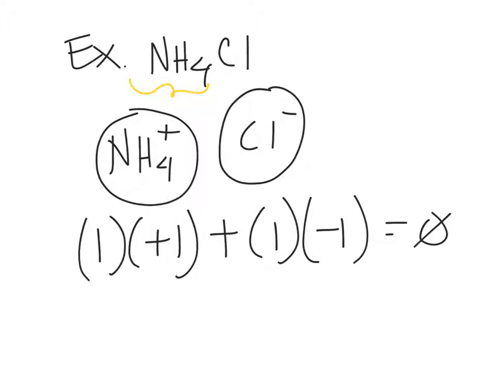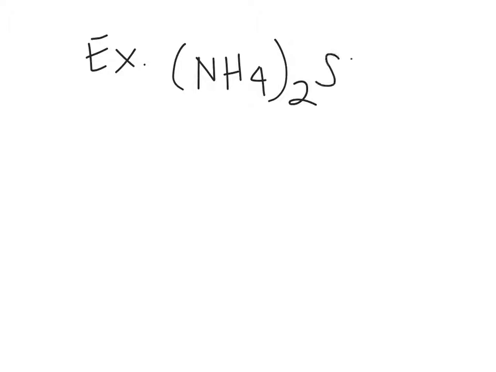Then we've got 2 more big examples as we up again the level of difficulty. Here's another one with the ammonium that we just did, and also a polyatomic anion. So the parentheses and the subscript of 2 here is telling us that we have 2 of these polyatomic ammonium cations.